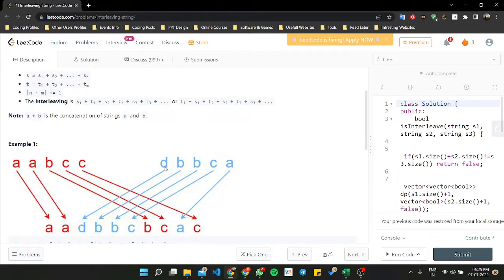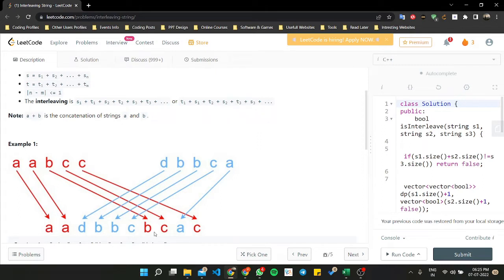For example, if I take it from the second string, it's satisfied. But after that it's D, and there is no D, so it will tell false. That is not the correct approach, because I must take from the first string. Then it will be correct.